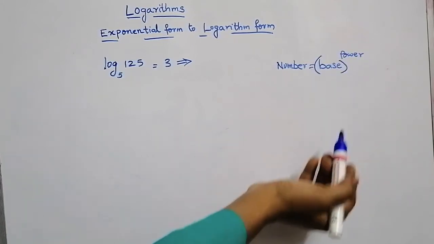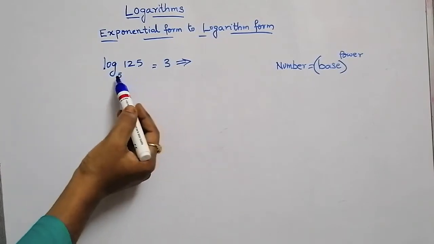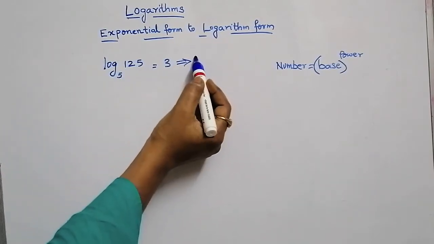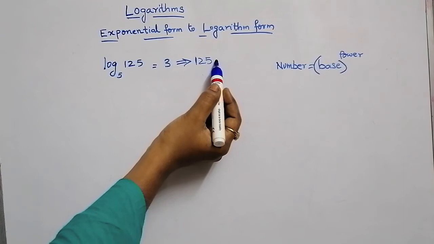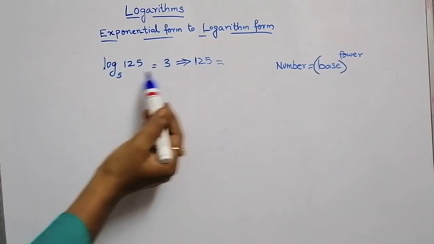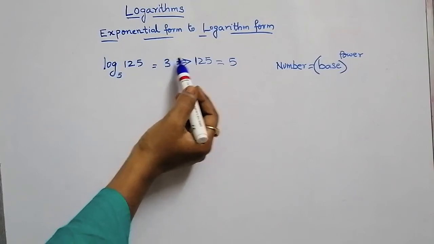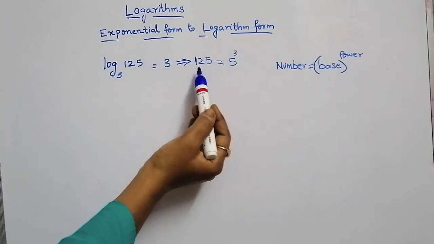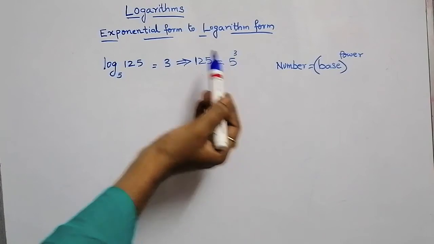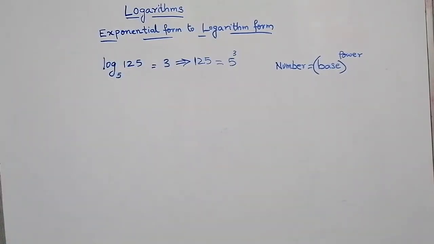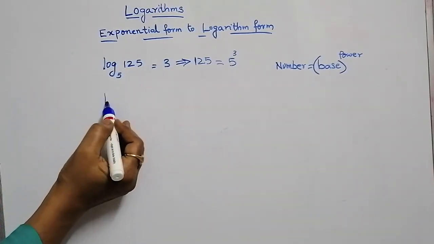What is our number here? 125 is our number, that is equal to base. What is the base here? 5. The power is on the right side, 3. So 125 can be written as 5 cube.